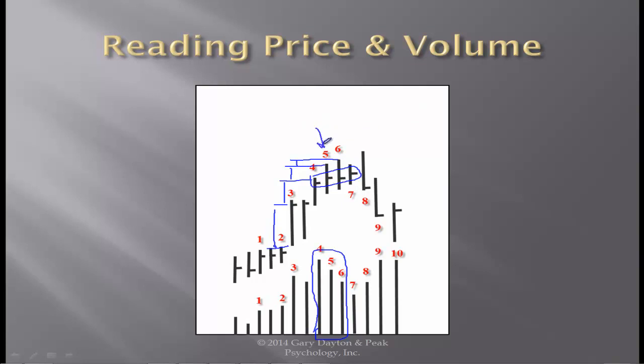Somebody's in there selling. You understand that when an order comes into the market, it's met by another order to either buy or sell. And on bar 3, the buy orders were swamping the sell orders, and that's what drives this market up. On bars 5 and 6, beginning at 4 but clearly at 5 and 6, there were still buying orders coming in.